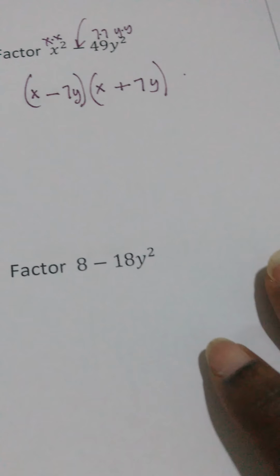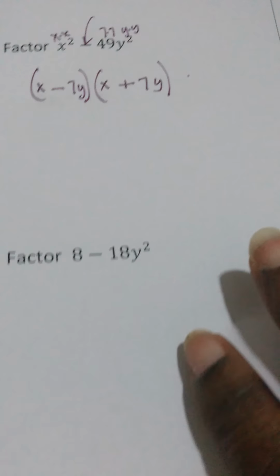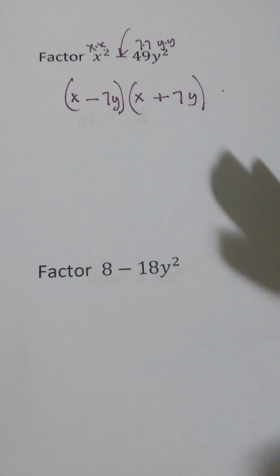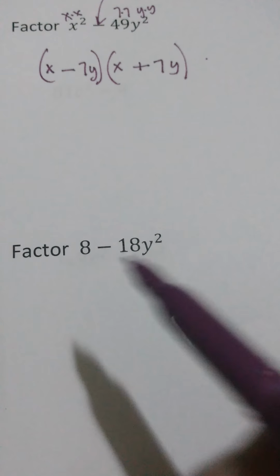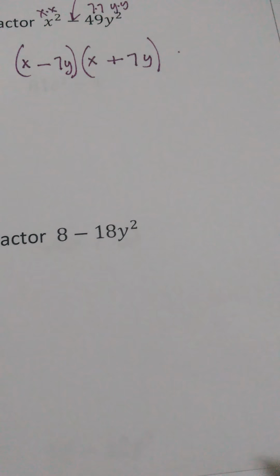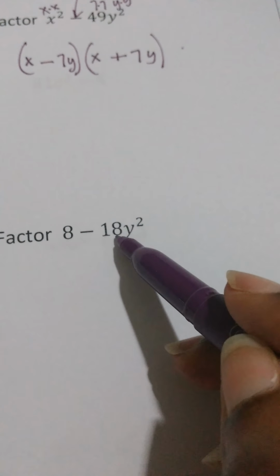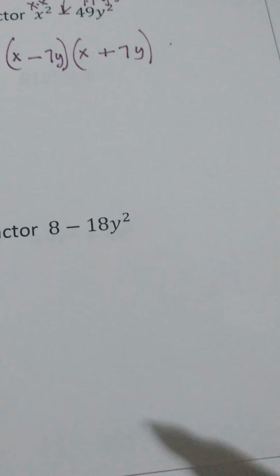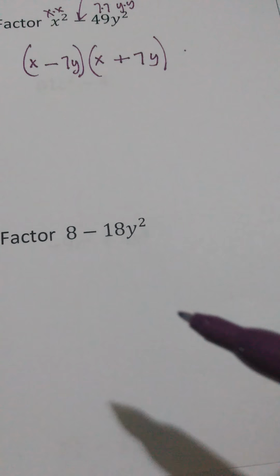I like this example because even though it looks like a difference of squares, notice that these numbers are not perfect squares. So here, the first thing to always remember to do is check for a GCF. It looks kind of weird, but if I check for a GCF, let's see what happens.